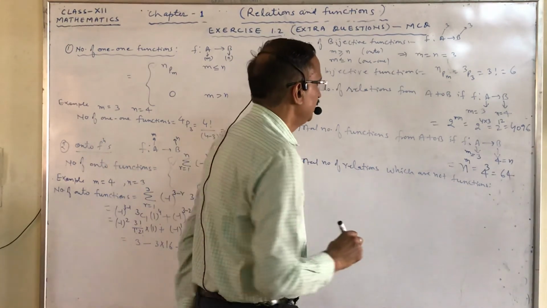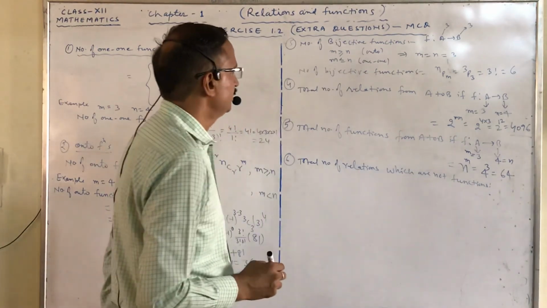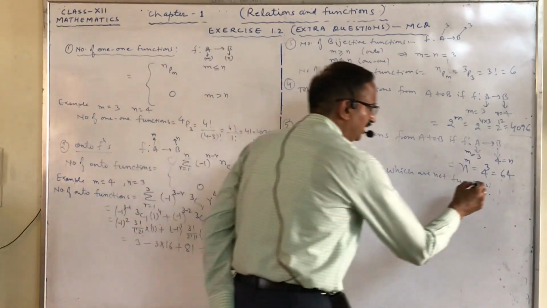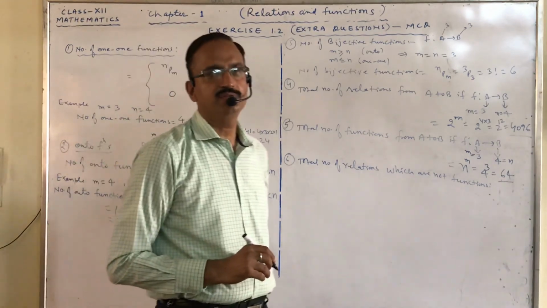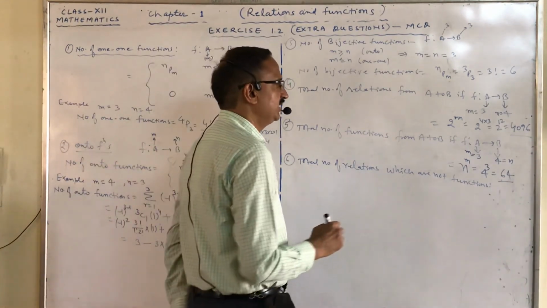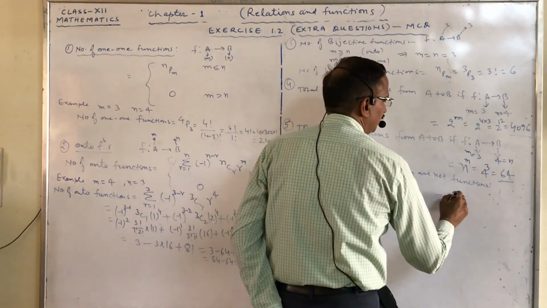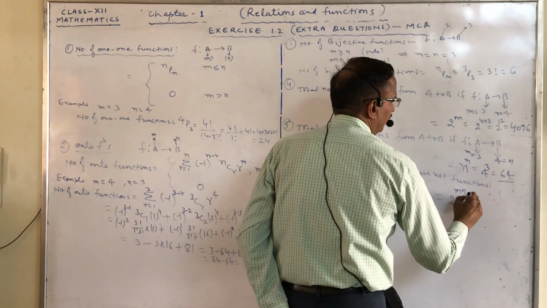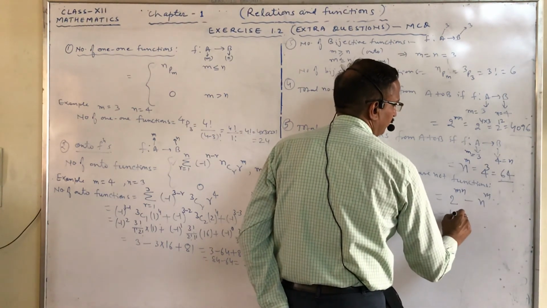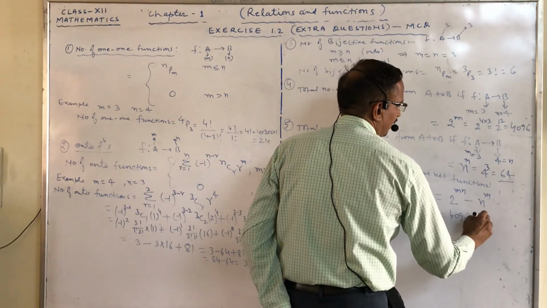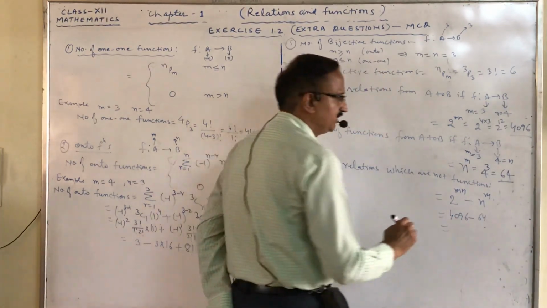So, these are the total number of relations. These are the functions. It means the number of relations which are not functions is the difference of these two. So we can say this is 2 raised to power mn minus n raised to power m. Therefore this is 4096 and 64. So the answer is 4032.